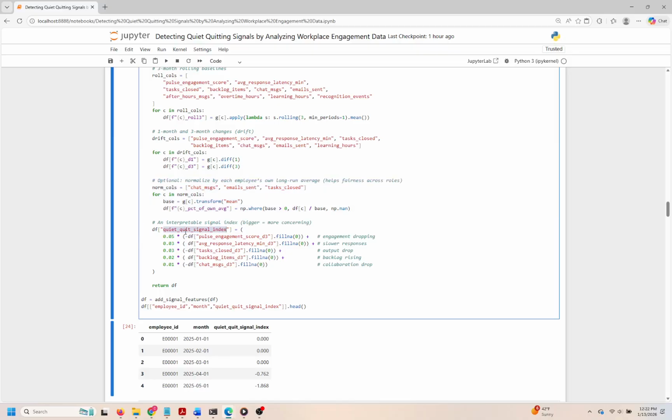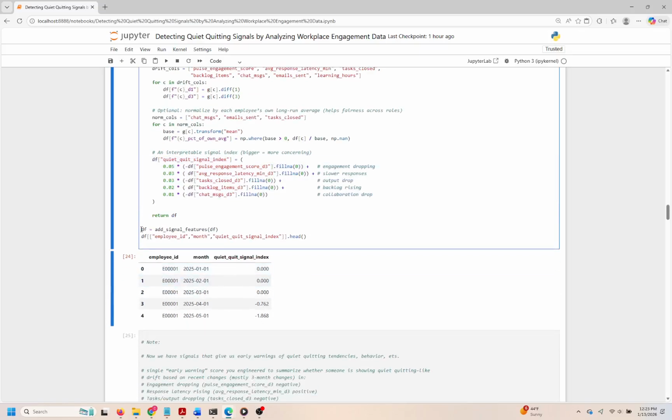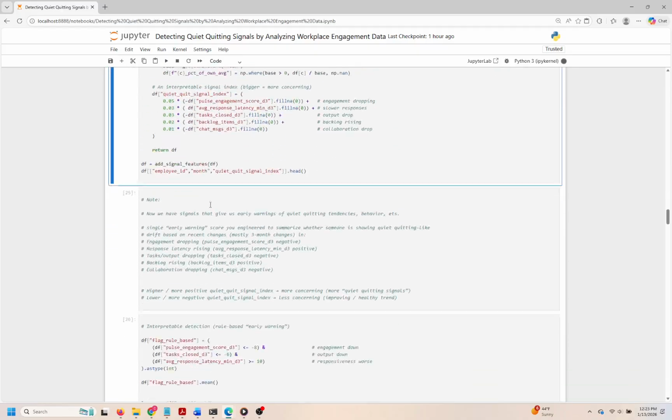This composite measure quantifies the risk of quiet quitting based on changes in engagement, response times, output, and collaboration. It's designed to be interpretable, where a higher score indicates more concerning behavior. The next steps will likely involve analyzing these signals further, perhaps visualizing trends over time or correlating them with other performance outcomes. This exploration will help us better understand the underlying factors contributing to disengagement.